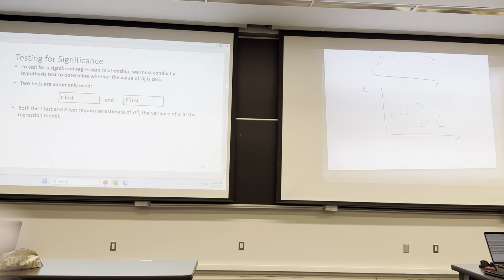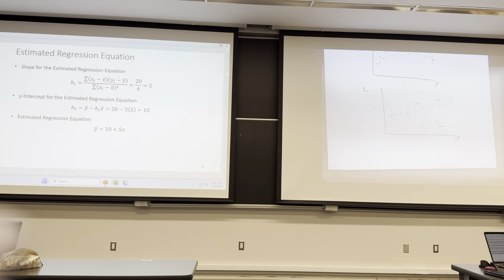Now, let's just go back to... you took a sample data and you found sample regression equation y hat is equal to 10 plus 5x. Is there any relationship between your TV commercials and sales?